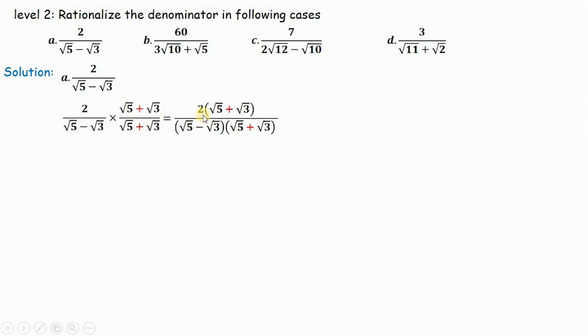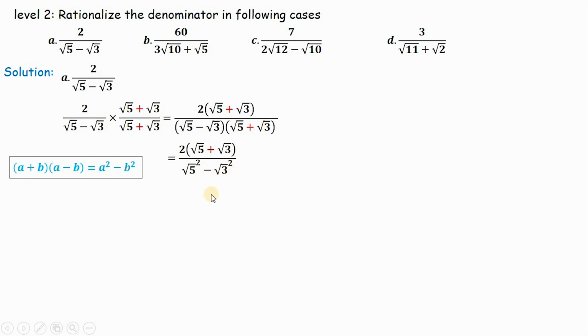So you multiply it, 2 into bracket square root of 5 plus square root of 3 in the numerator, and in the denominator we can use the algebraic identity, a plus b into a minus b equals a squared minus b squared. Therefore you will get 2 into root of 5 plus root of 3 over root 5 squared minus root 3 squared.